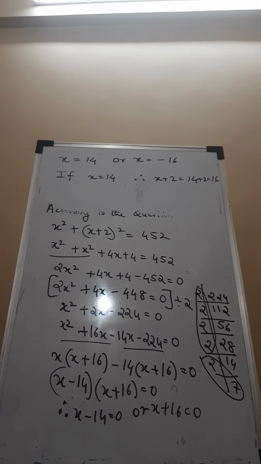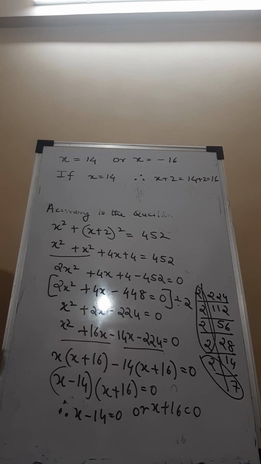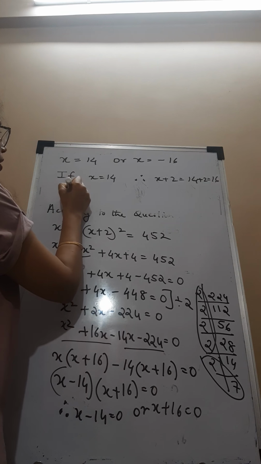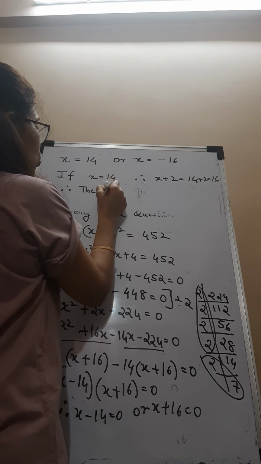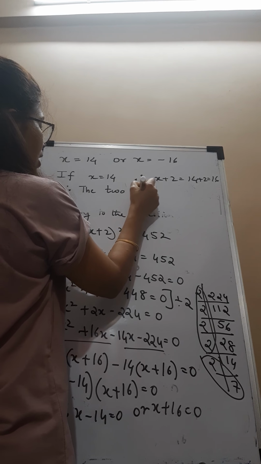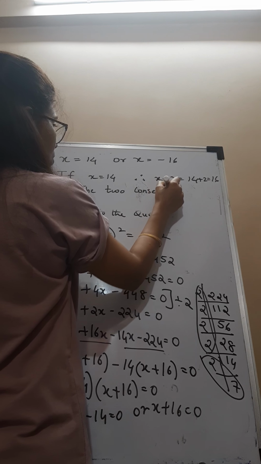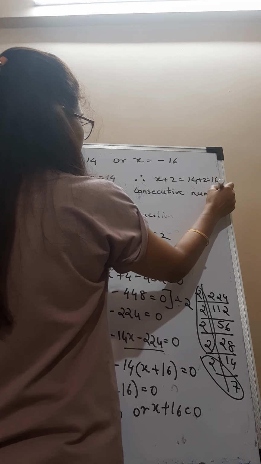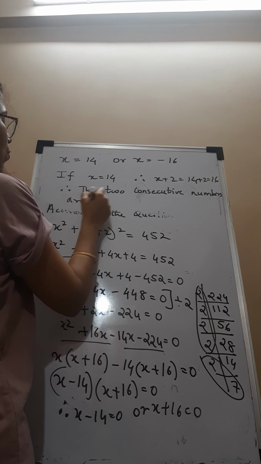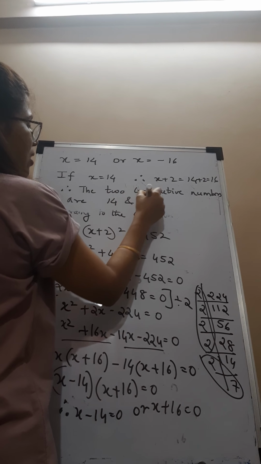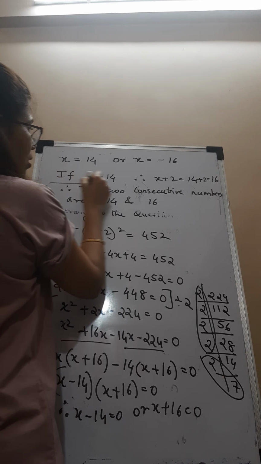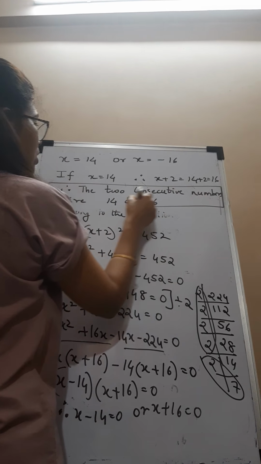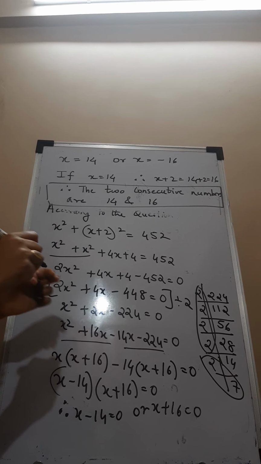That means the other number is 16. Therefore the two consecutive numbers are 14 and 16. Put it in the box and this is your answer. Okay.